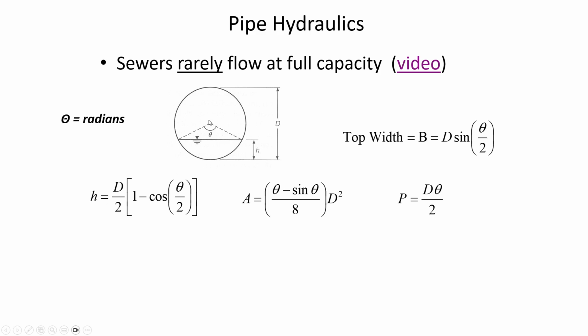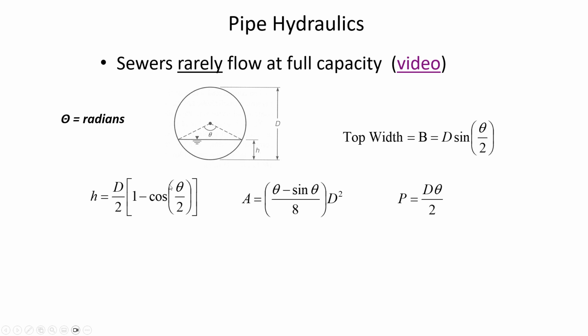But if you know the angle, here theta, then you can calculate the depth of the flow. So here it's described as h. Some references would call that y, the depth of the water in the pipe. But the point is that d is the diameter of the conduit that the water is flowing through, whereas the actual depth here is h.